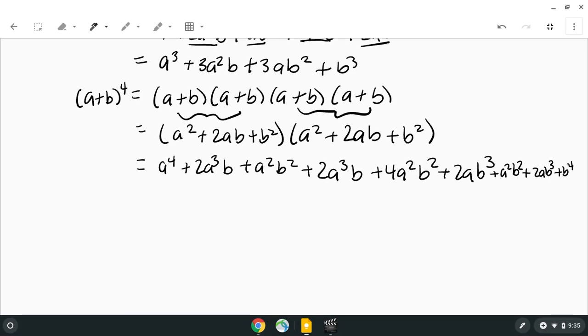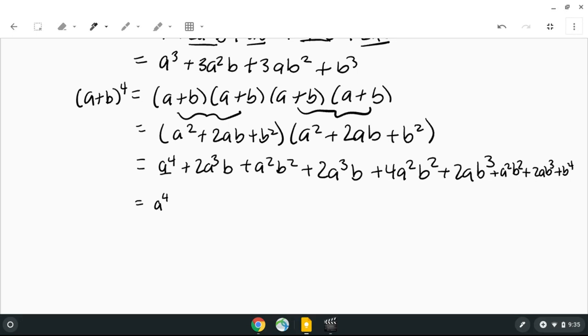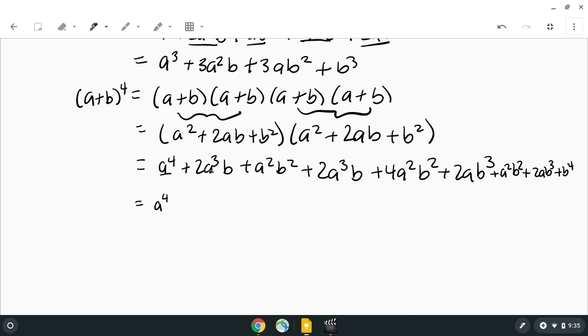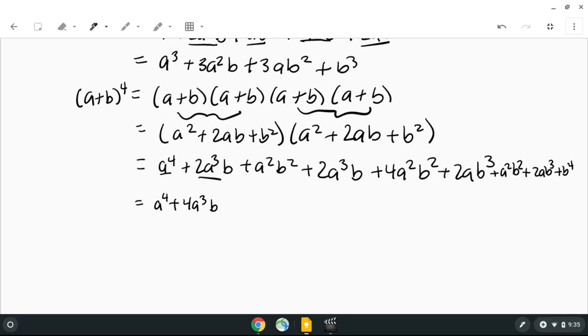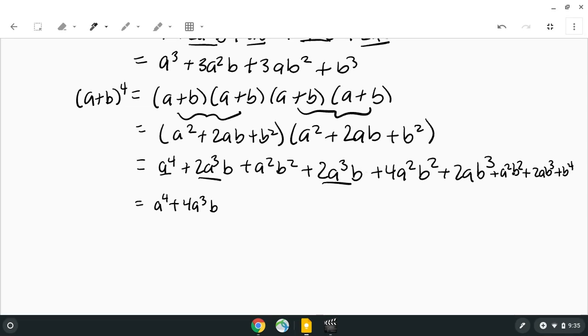Okay, great. And let's go ahead and combine like terms. I only have one a to the fourth. A cubed b, I have one here, and I have one here, so that makes 4a cubed b. Okay, let's just double check.